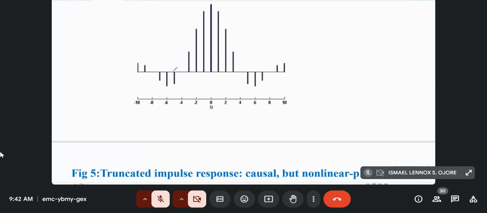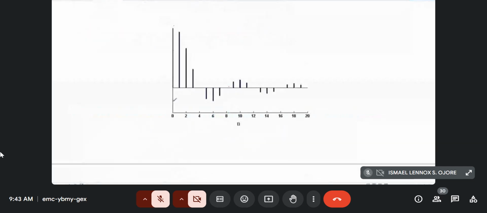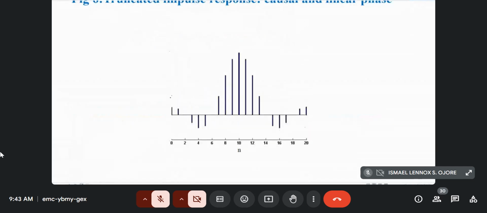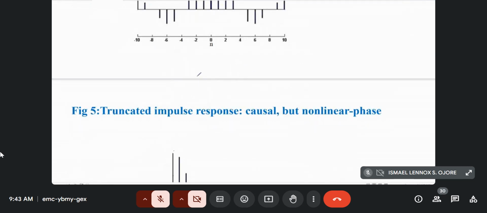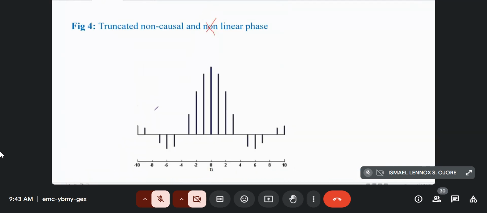So ideally, it's not realizable, although it could give us linear phase just from the shape. It's not realizable because it's non-causal.